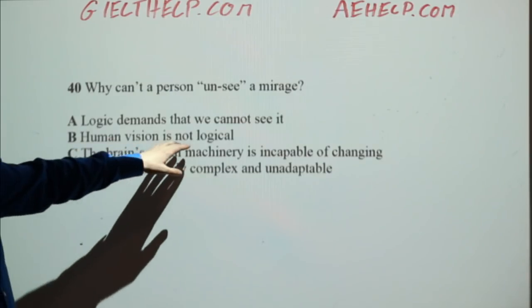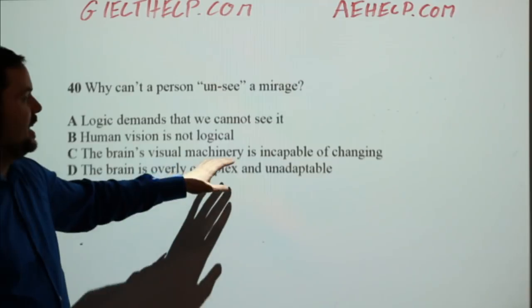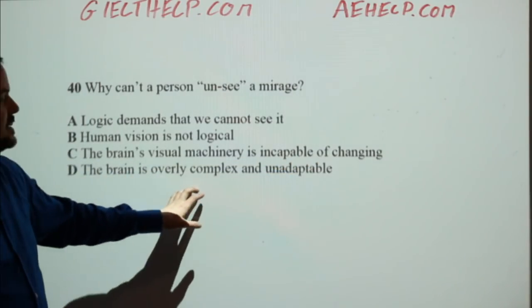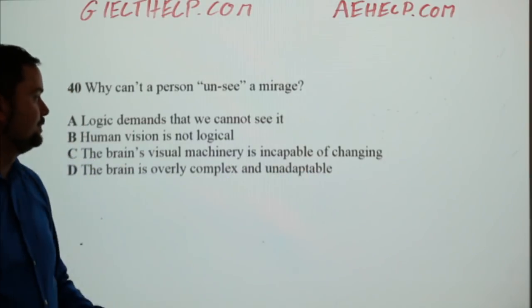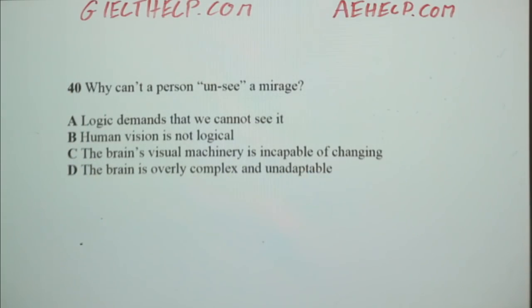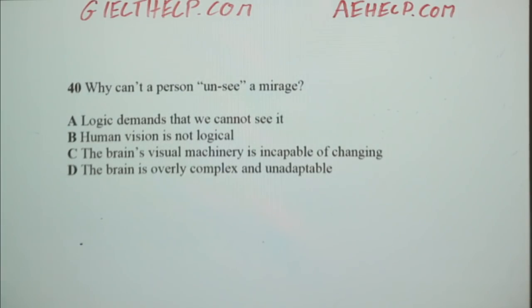Human vision is not logical. The brain's visual machinery is incapable of changing. The brain is overly complex and unadaptable. Which one do you think is the best answer? Because the brain wants to see it. That's right, Adrian. It has to interpret it. So the brain wants to interpret what it sees, okay?